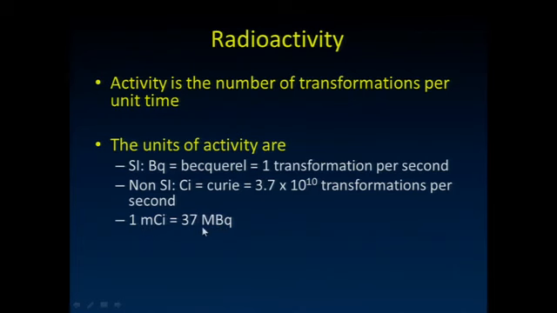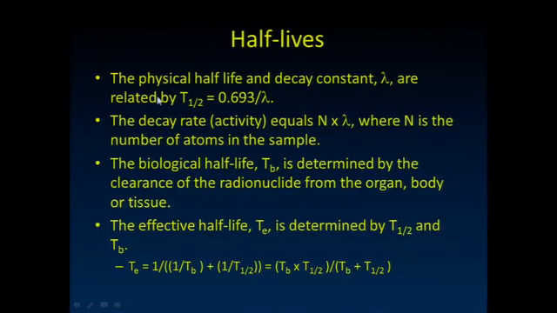And this is one area where we still continue to use the non-SI units. And I jokingly say sometimes that's probably because the patient would rather hear us say that we're going to give them 10 millicuries of something than we're going to give them 370 megabecquerels of something, right? Although those are exactly the same thing.